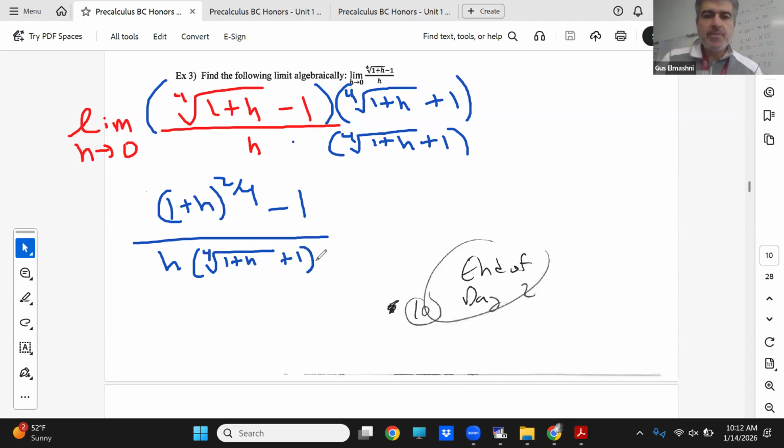The limit as h approaches 0. Do you guys see how I got 1 plus h raised to the 2/4 power? Because you're multiplying a fourth root to itself, so you have two of them. But really, you can just reduce the exponent, make it 1/2, which I know is square root anyway, right?